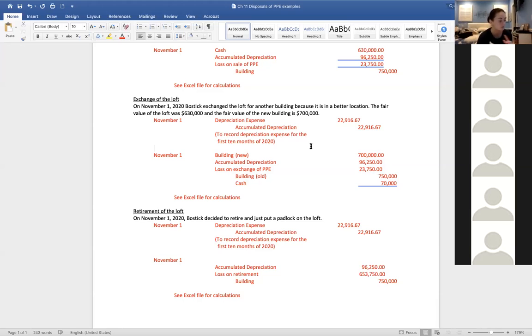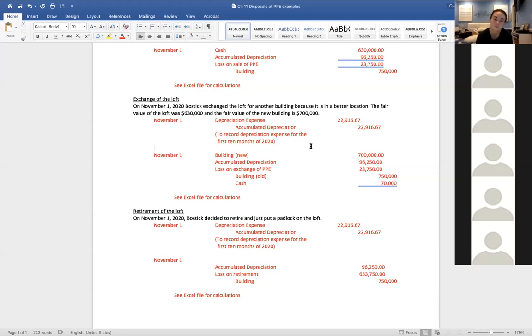There had to be expected future changes in expected future cash flows, right? That we expected future cash flows to change. So this would be an exchange with commercial substance.